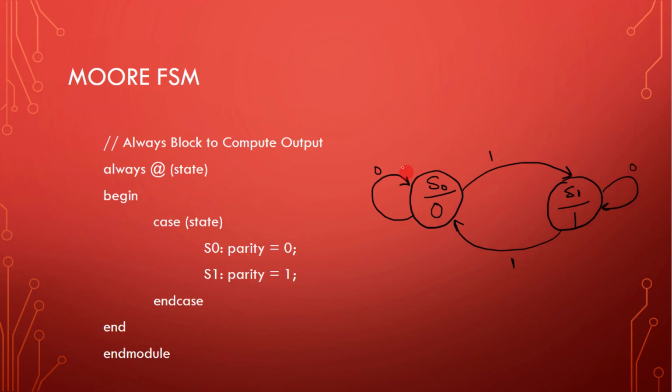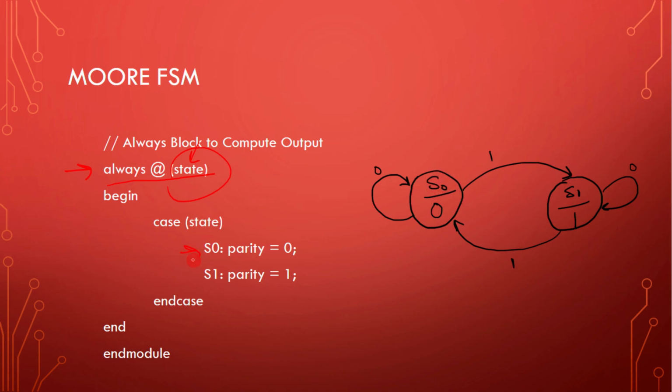Now come to the output combinational logic. As is clear from this cyclic behavior's sensitivity list, it has only one variable, state, because your Moore type finite state machine does not depend on the input. So let's suppose initially you are at S0.